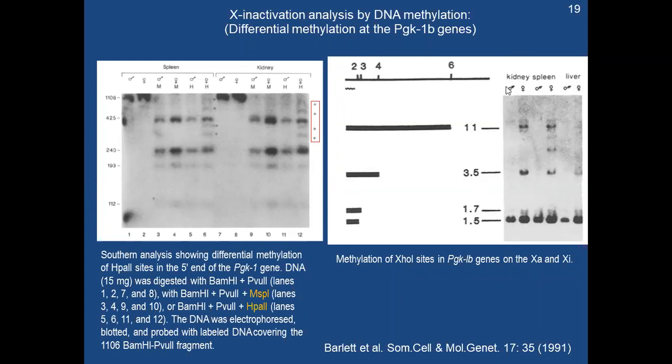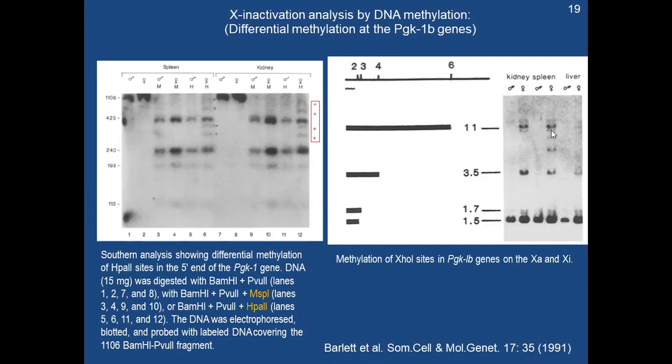So if we look at the male tissues, they all have only this band here, because site number 2 is always unmethylated. But if we look at the females, we see this band in addition to this one and this one. So if we see this one, number 2, 3 needs to be methylated. For this band, 2, 3, 4 need to be methylated in order to be able to see it.